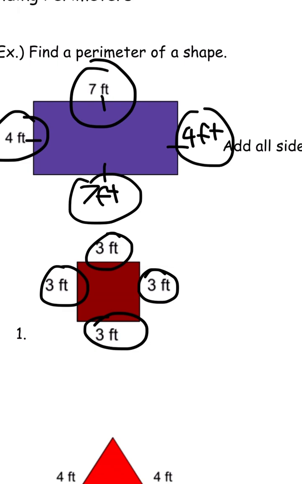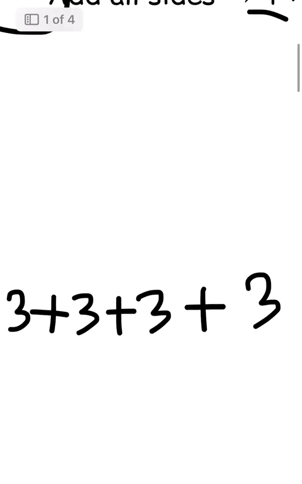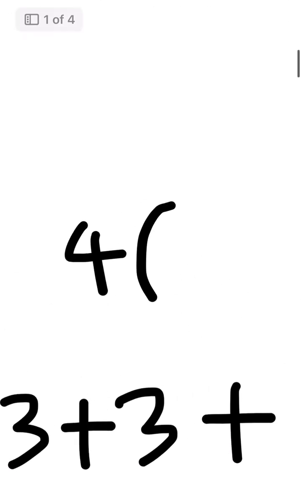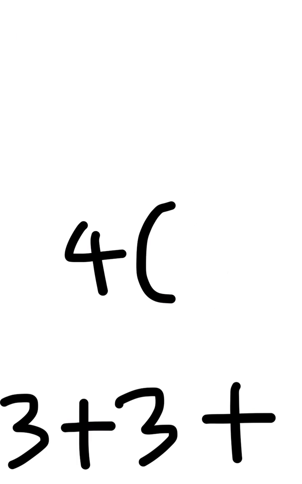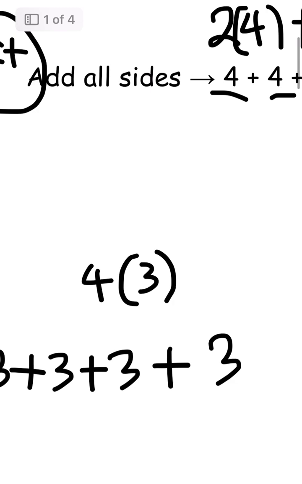And then now we have to add all of them to find the perimeter, right? So it's 3 plus 3 plus 3 plus 3. Or you can also do 4 times 3, because there are 4 3s, right? You can also do that.